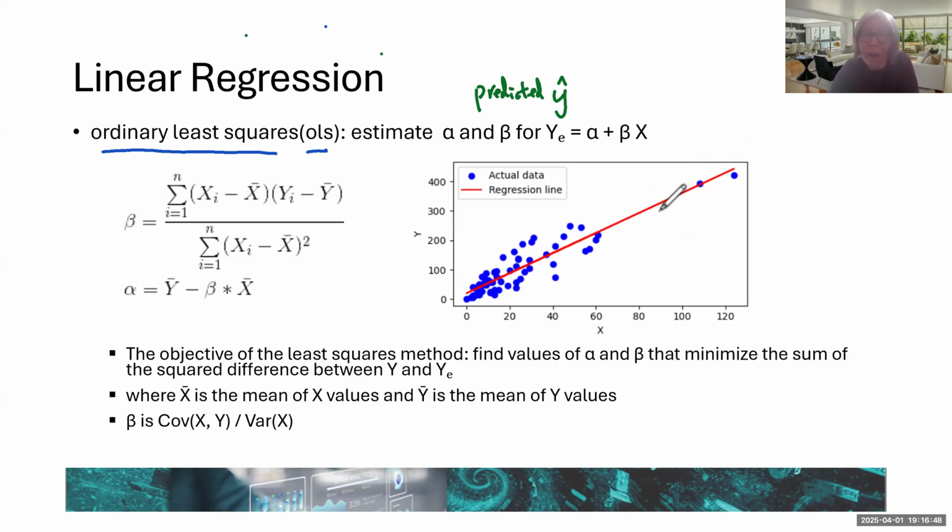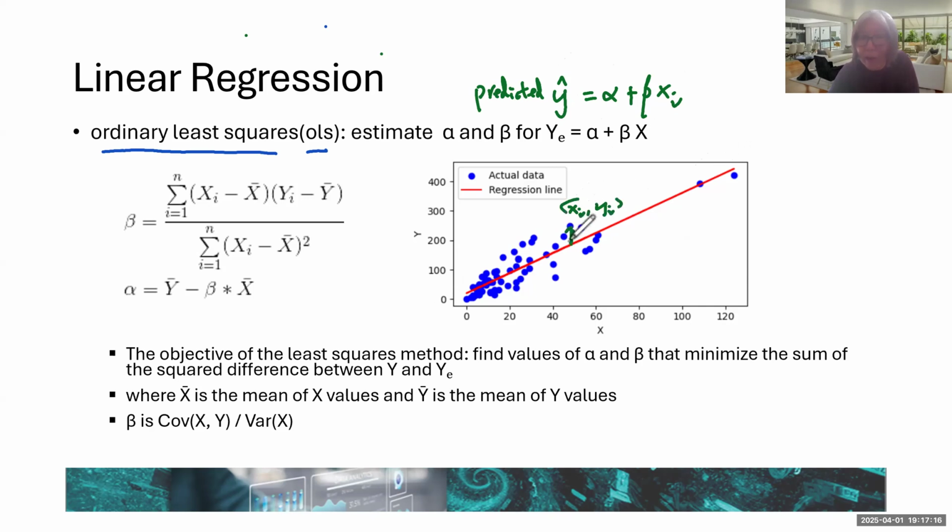Once we figure out alpha and beta, if you have the x value, you use this model to figure out the predicted value. Like in this case, this is xi and yi.